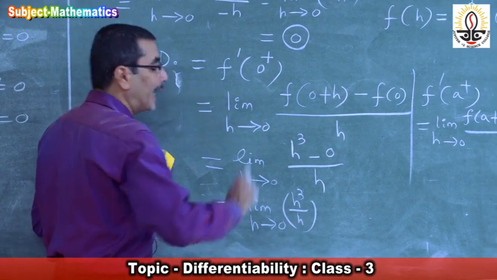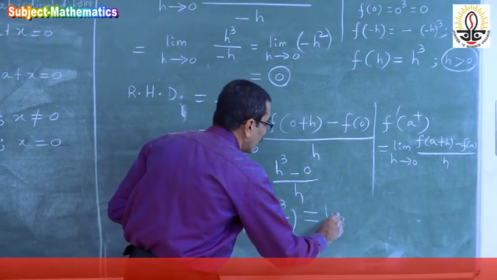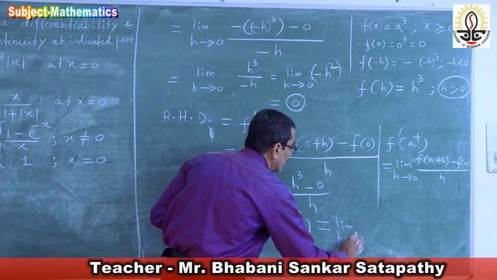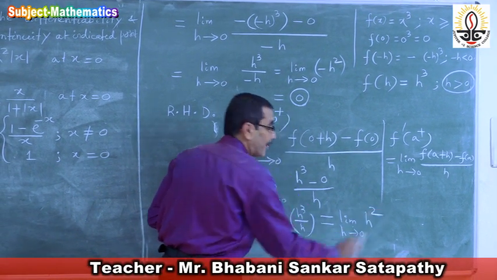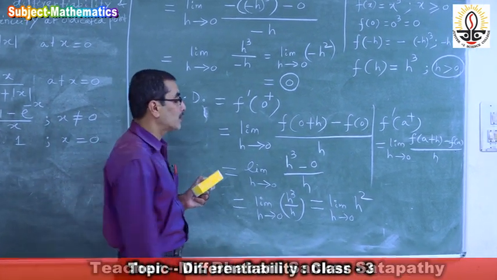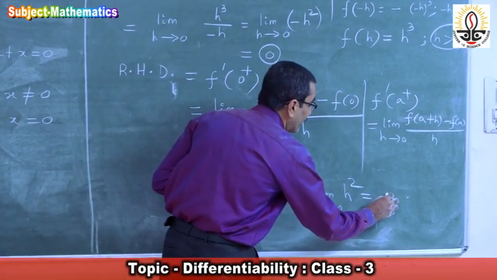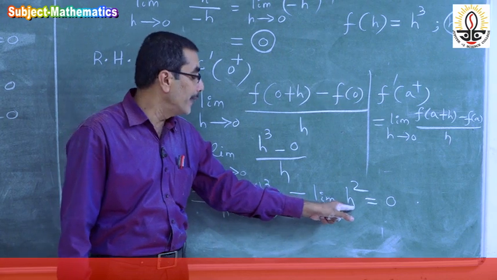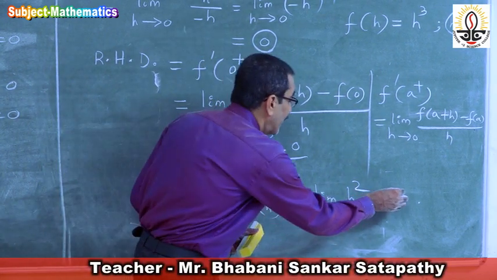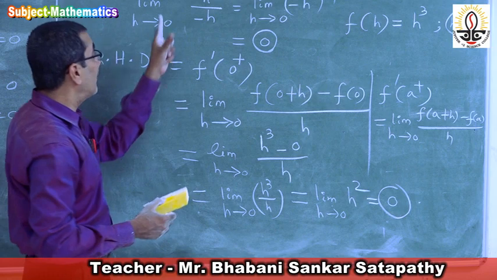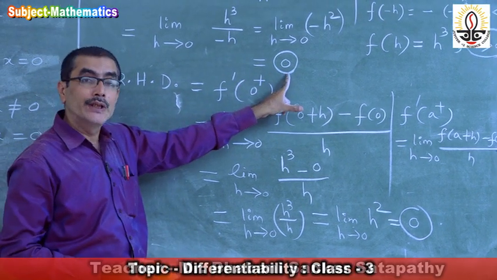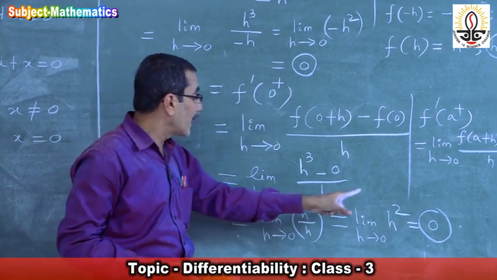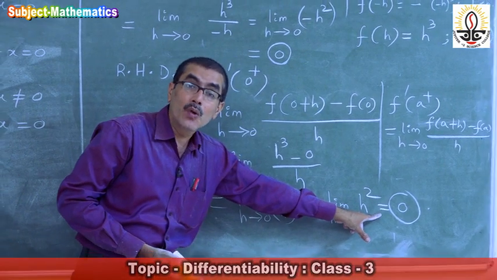So, this is equal to limit h approaches 0, h cube divided by h. So, what is this value? This value is nothing but limit h approaches 0, h square. h cube by h means h square. In place of h, if you put 0, this limit is equal to 0. Now see, here left hand derivative is equal to 0 and also right hand derivative is equal to 0.